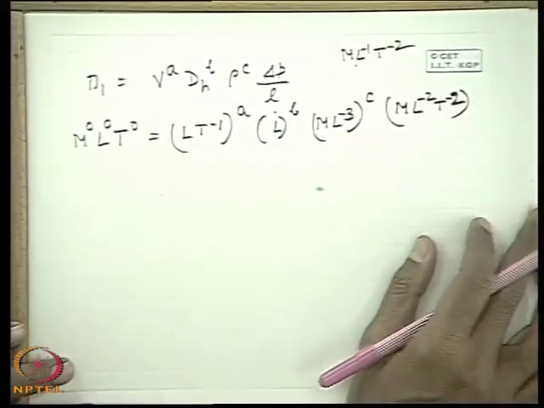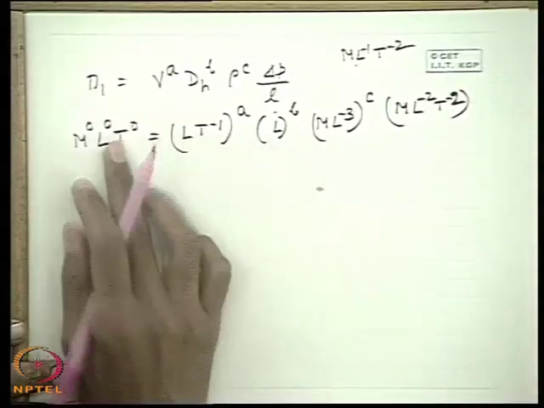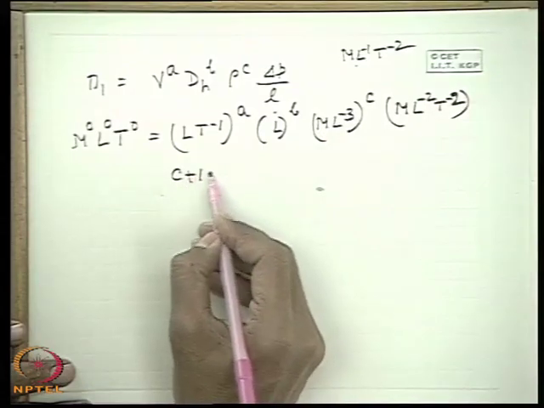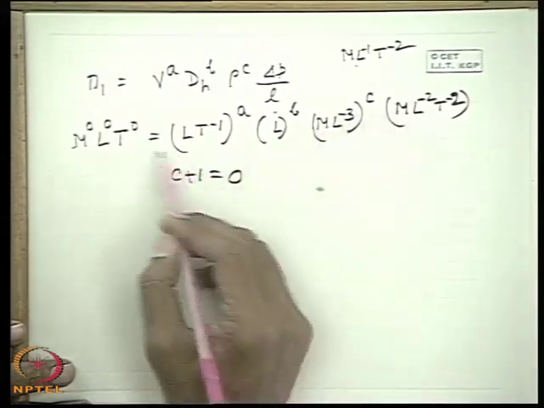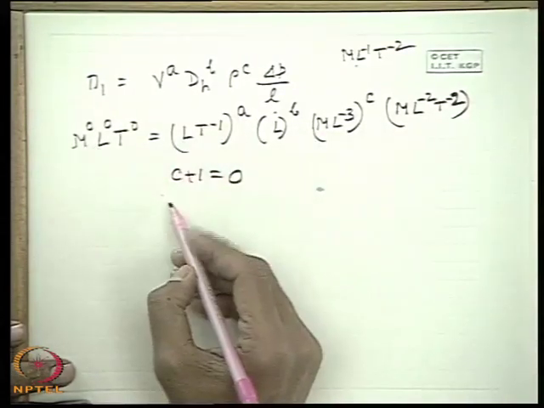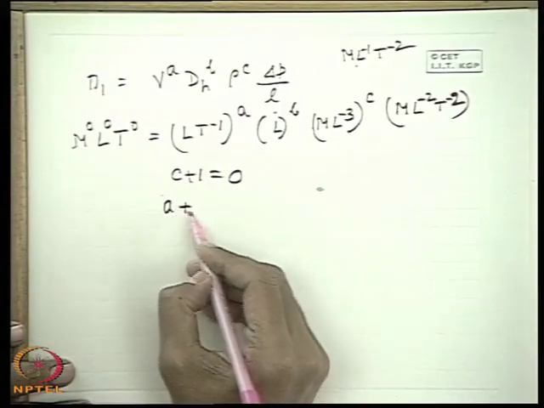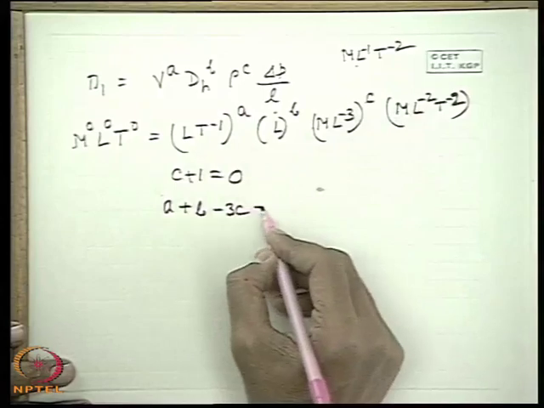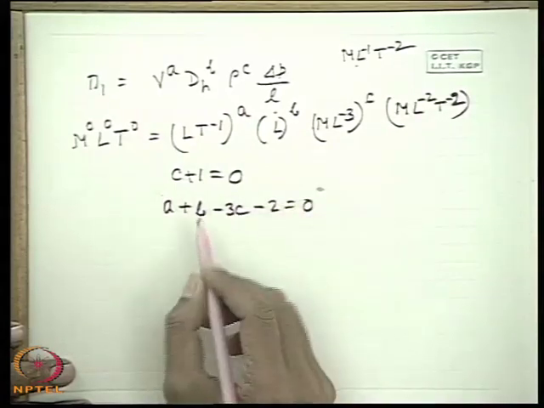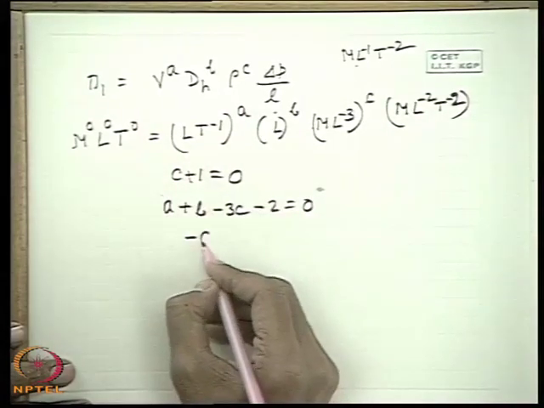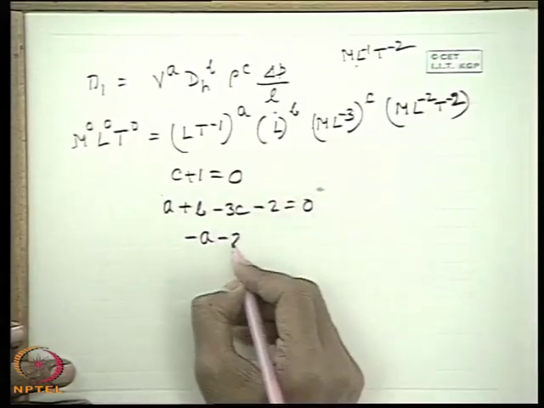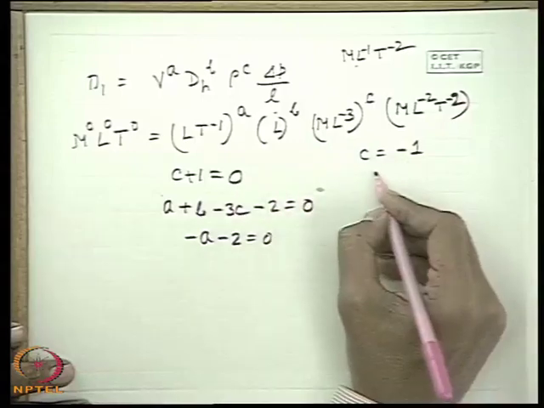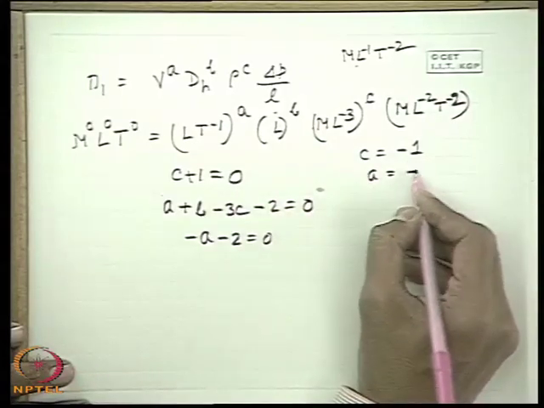So you solve it, and what do you get? For M to the power 0: c plus 1 is equal to 0. For L to the power 0, equate the exponents: a plus b minus 3c minus 2 is equal to 0. For T to the power 0: minus a minus 2 is equal to 0. This gives c is equal to minus 1, a is equal to minus 2.